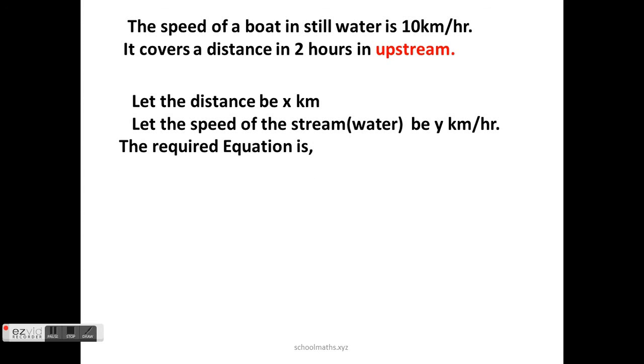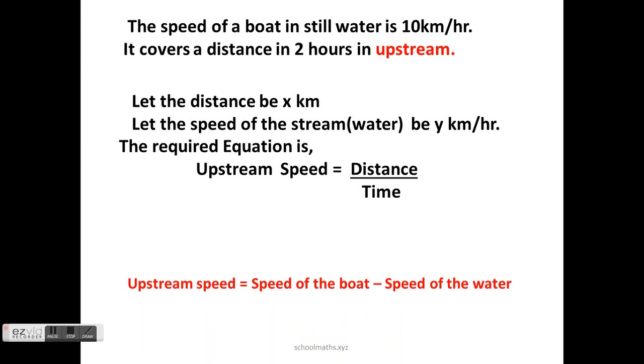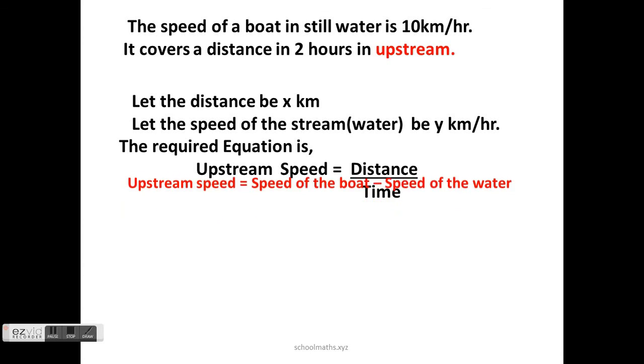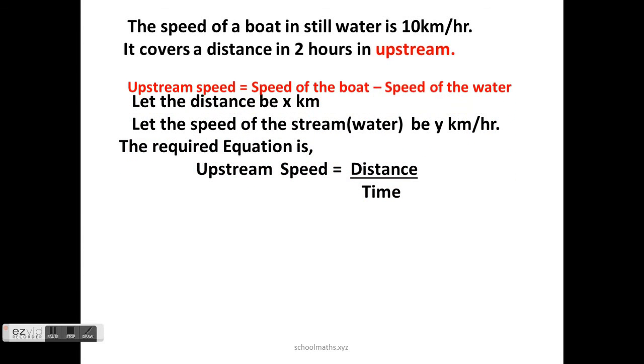Now we know the formula for speed. Speed equal to distance by time. Here upstream speed equal to distance by time. Upstream speed equal to speed of the boat minus speed of the water, because the speed of the water will arrest the speed of the boat.